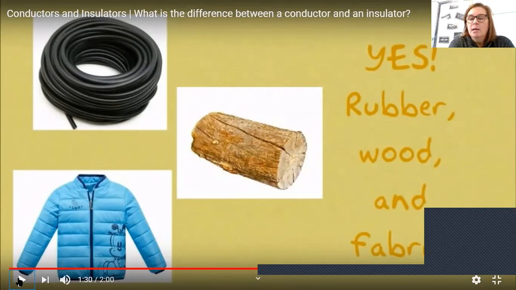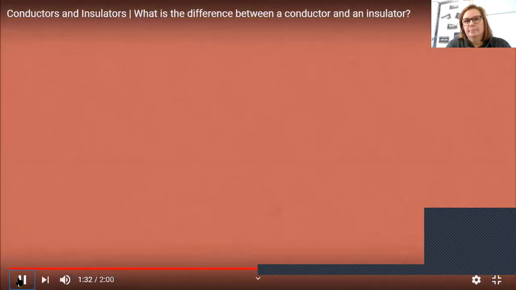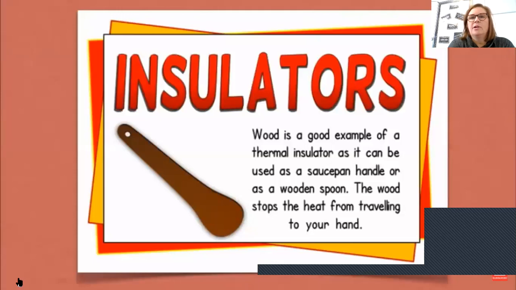Throw on a coat, put on a couple pairs of socks, stocking cap, gloves, snow pants. You're insulating yourself. You probably wouldn't want to put on a good conductor of heat that lets the heat out, or not cover up and have your body heat insulated.